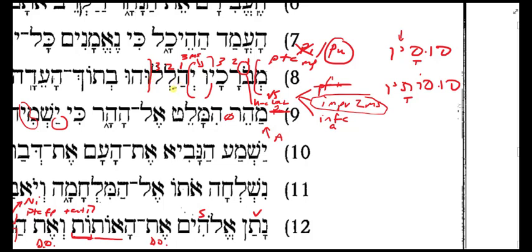That looks like an imperfect 3MP, right? But I'm not done. After the u of yehallu, I have hu, which is what? Yep, 3MS, and that is a pronoun, right? So how's that pronoun functioning?